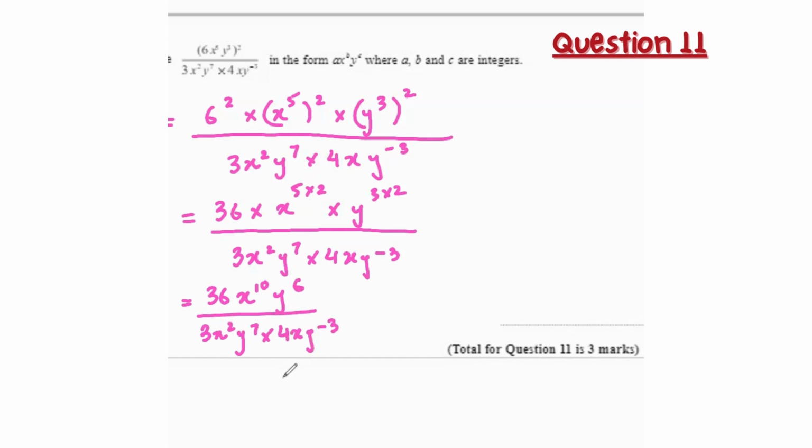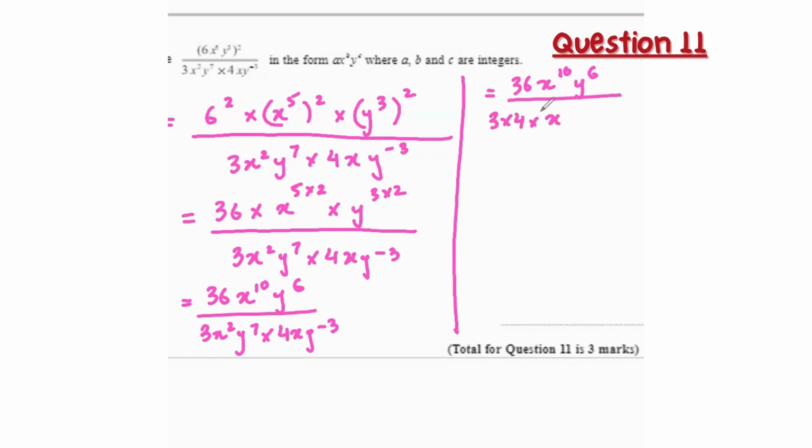Now I'm going to solve the denominator. For the denominator, the rule we're going to apply is that whenever we have similar bases being multiplied, we add the powers. So let's start with doing 3 times 4.